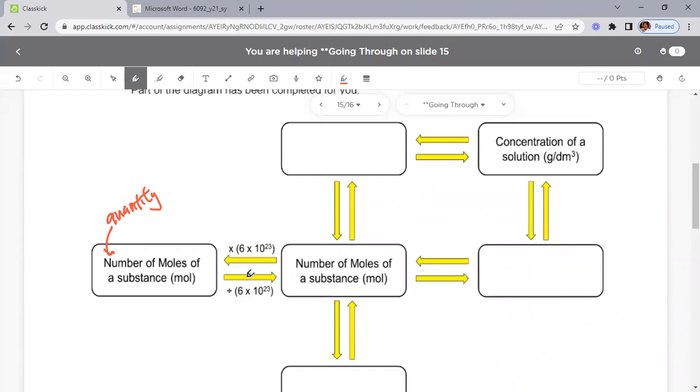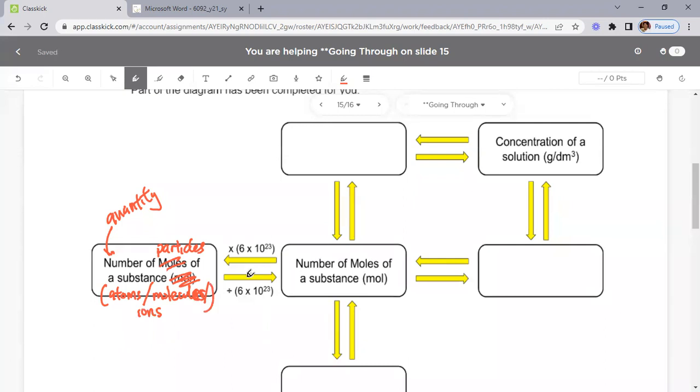Sorry, I wrote it wrongly. Please help to change this to number of particles of a substance. The units can be atoms, molecules, or ions.